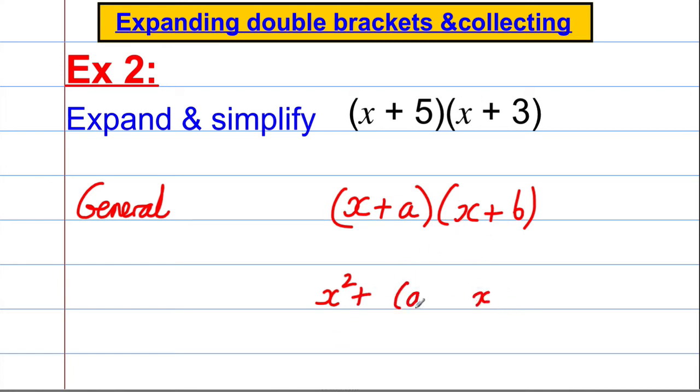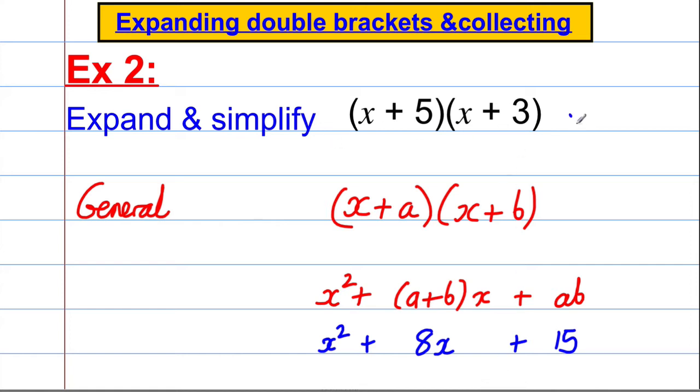Well, you'd have a plus b lots of x. And what number would you have? You would have a multiplied by b. So in our case up here, we have the x squared. 5 plus 3 is equal to 8. So we would have 5 plus 3 lots of x, which is 8x. And we would have 5 multiplied by 3, which is 15, is our number.